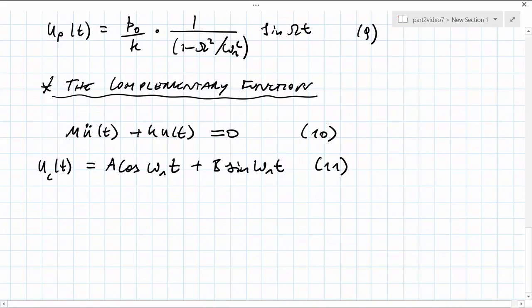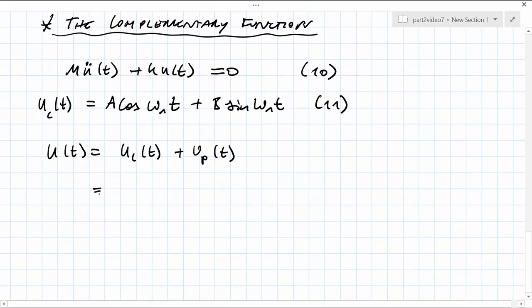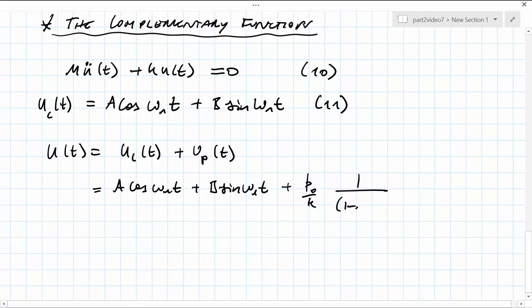The complete solution to the problem then is given by u(t) equal to the complementary function plus the particular integral, which gives us A cosine omega n t plus B sine omega n t plus P0 over k times 1 over 1 minus capital omega squared over omega n squared times sine capital omega t.